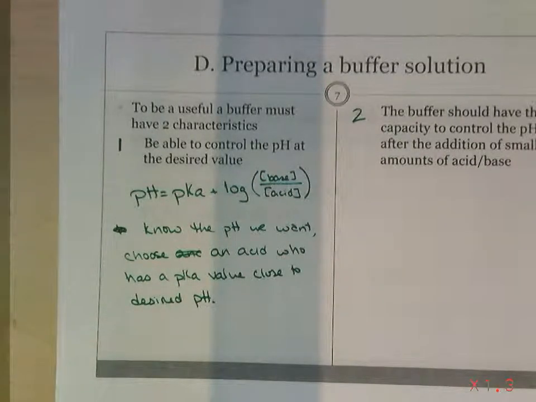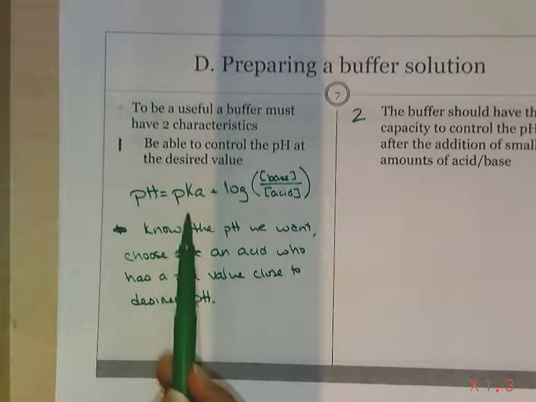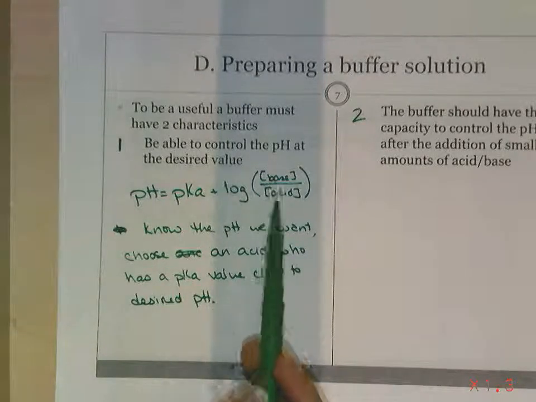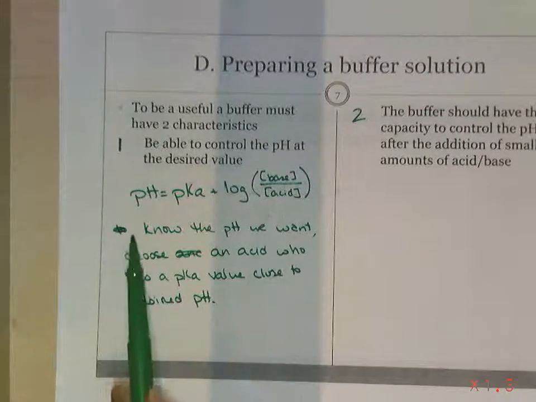If I know what pH I want, in the previous case 4.7, well then I did a great job of picking acetic acid because its pKa is real close to 4.7. Which means if I make those equal, I get exactly the pH I want.